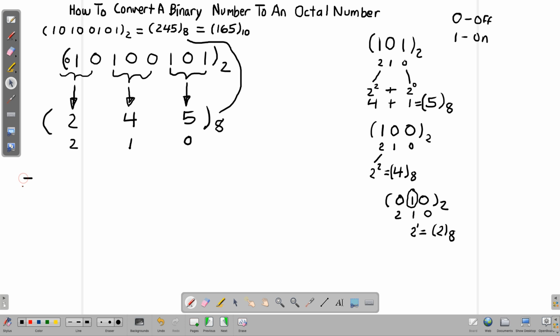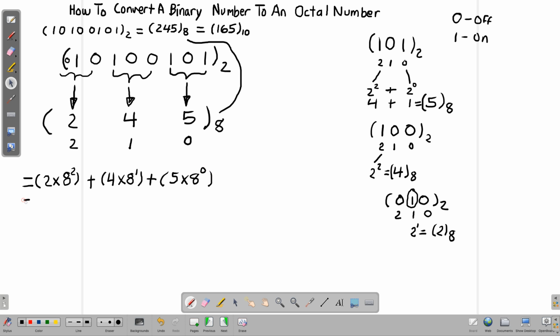So what we do here, let's say we have a value of 2, and because we're dealing with the octal system, we say that we have 8 to the second power here because it's in the second position. We want to add 4 times 8 to the first power because we're dealing with the first position here. And next we want 5 times 8 to the 0th power.